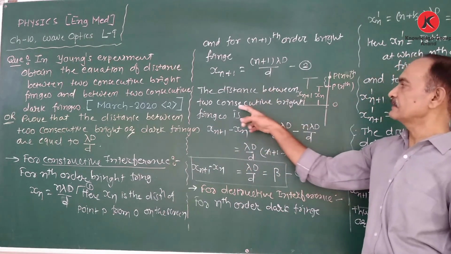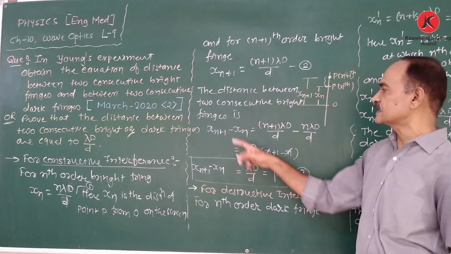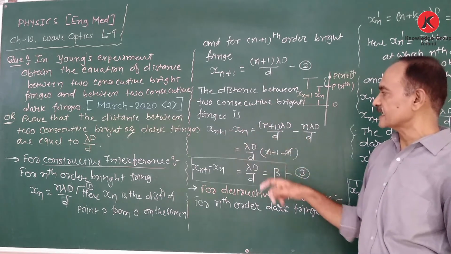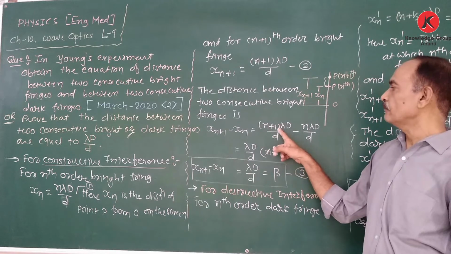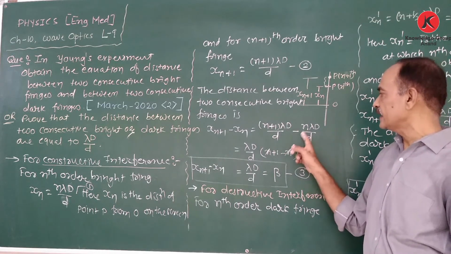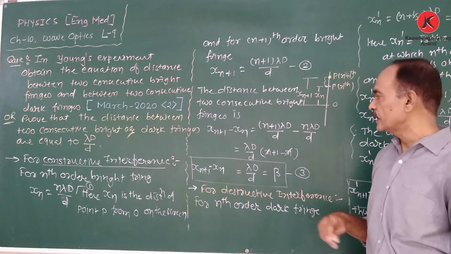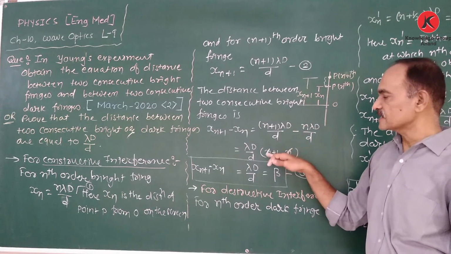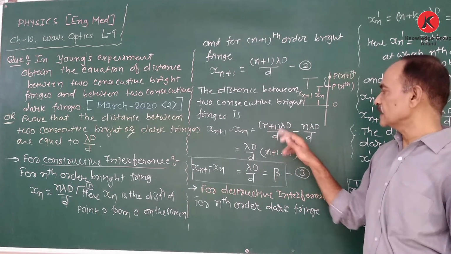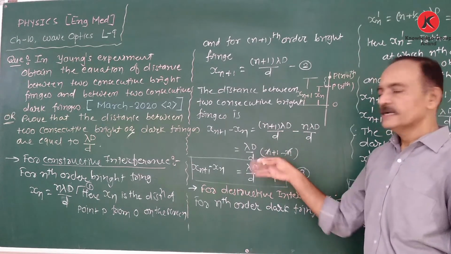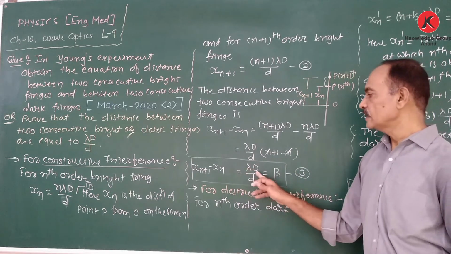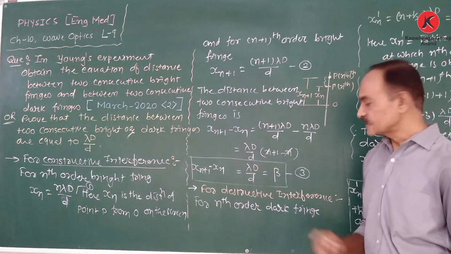Therefore, xn plus 1 minus xn is equal to n plus 1 lambda D upon d minus n lambda D upon d. Lambda D upon d is common, therefore n plus 1 minus n cancels, so we get lambda D upon d. Suppose this is beta.